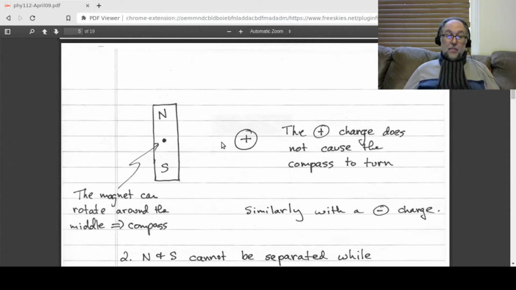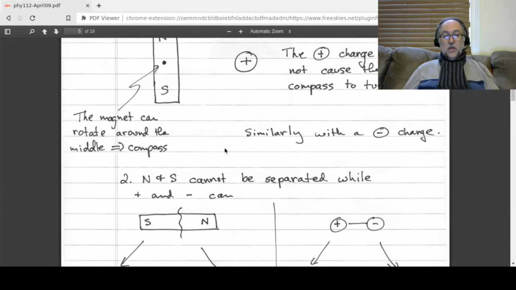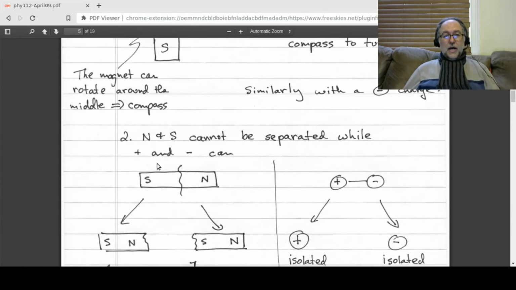But if you were to take a magnet and put it near the north or the south here, boy, that needle will flip around pretty quickly. Okay, and so the positive charge doesn't affect the compass at all. And I pick positive, but you could do it with a negative, and it would also make no difference at all. Okay, and so yeah, this experiment itself would be sufficient to show you that they are actually not the same.